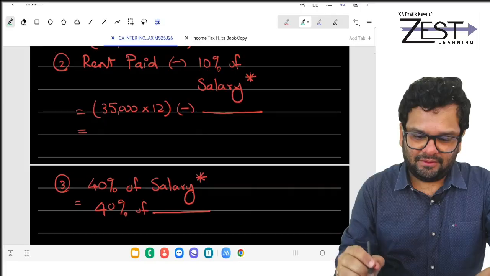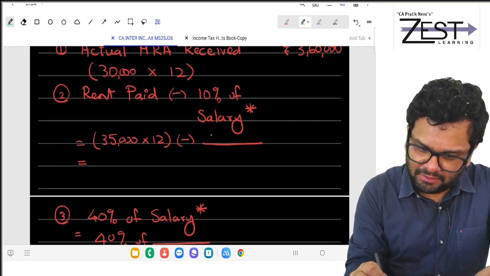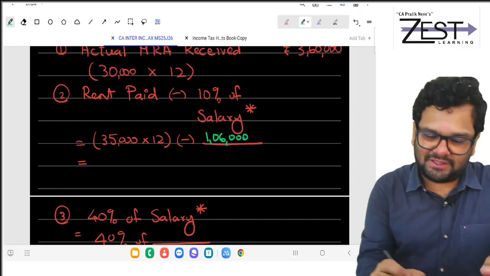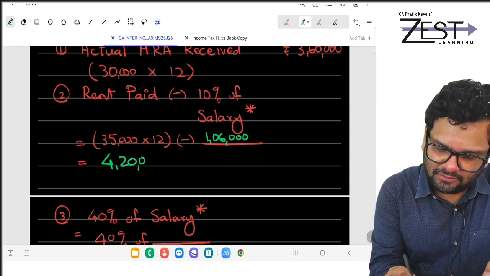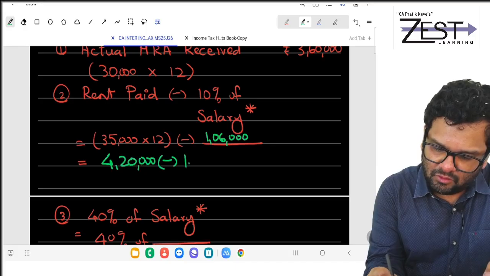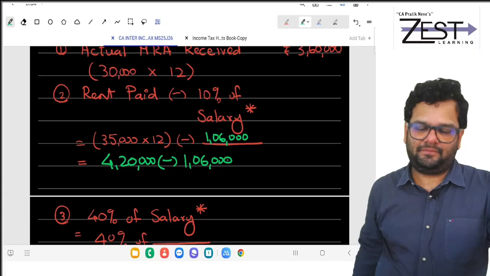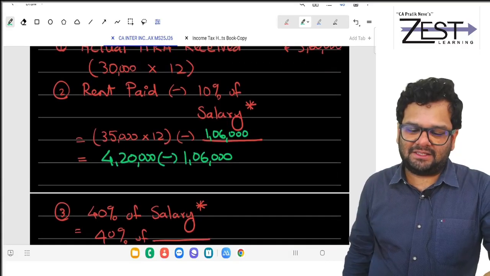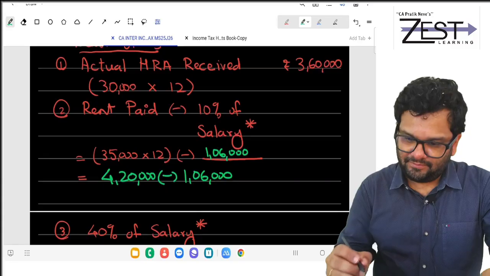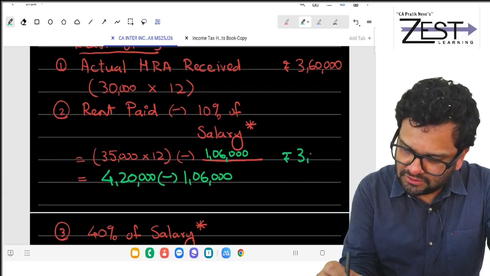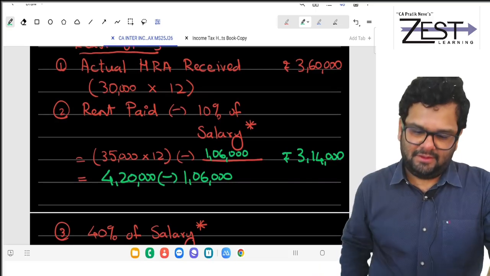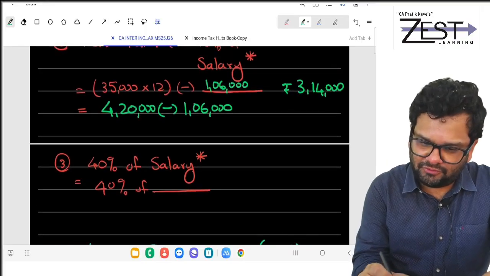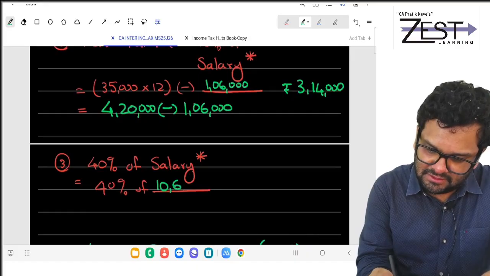Now go ahead, do 10% of 10,60,000, which is 1,06,000. So basically 4,20,000 minus 1,06,000. Yes or no? 35,000 into 12 is 4,20,000 minus 1,06,000. What is that? 3,14,000. And 40% of salary, which is 40% of 10,60,000.